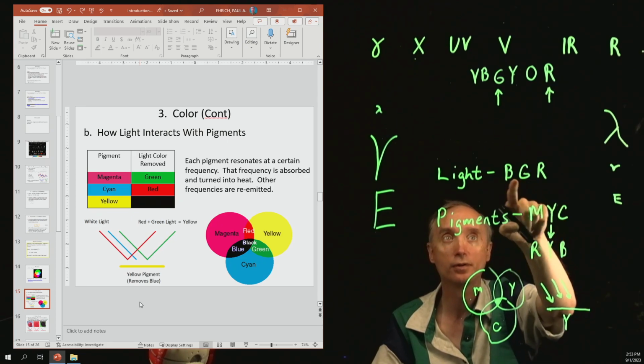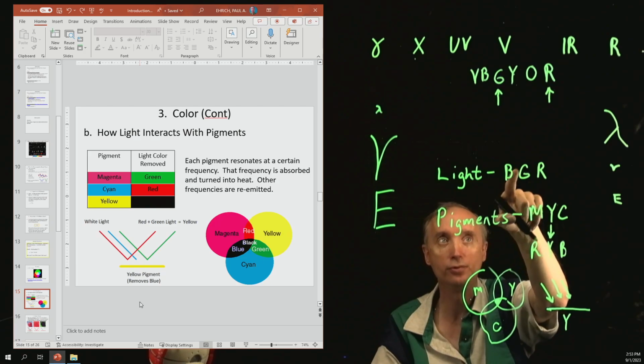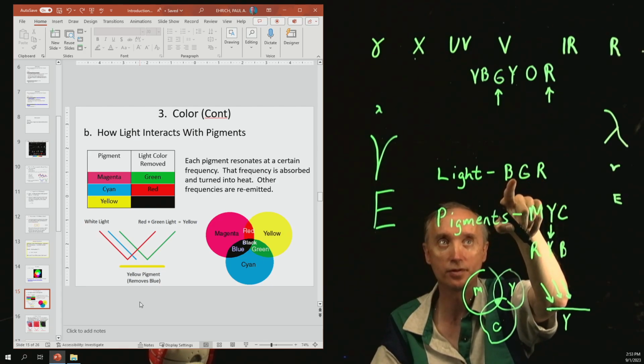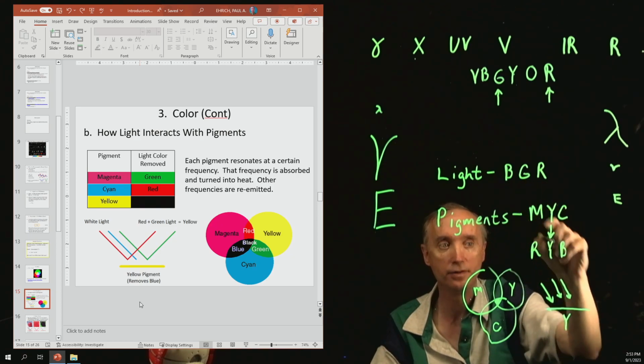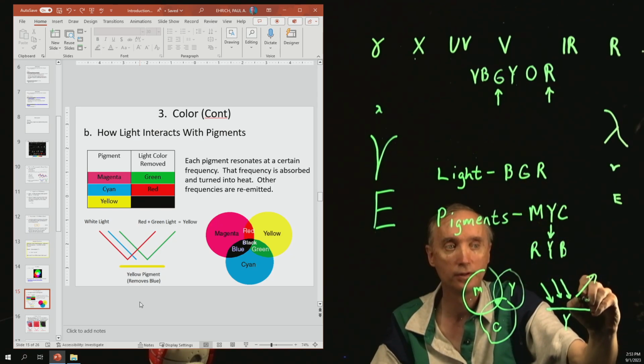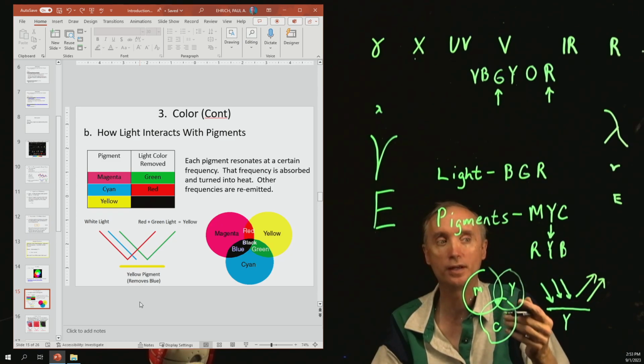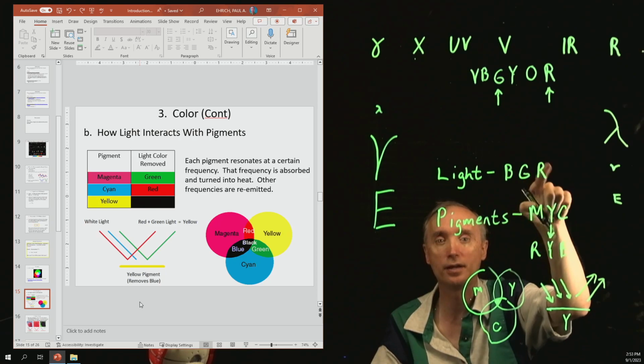So we had blue, green, and red coming in. The blue is absorbed, so that means the green and the red are the things that are leaving. So what happens when you mix the green and the red together?